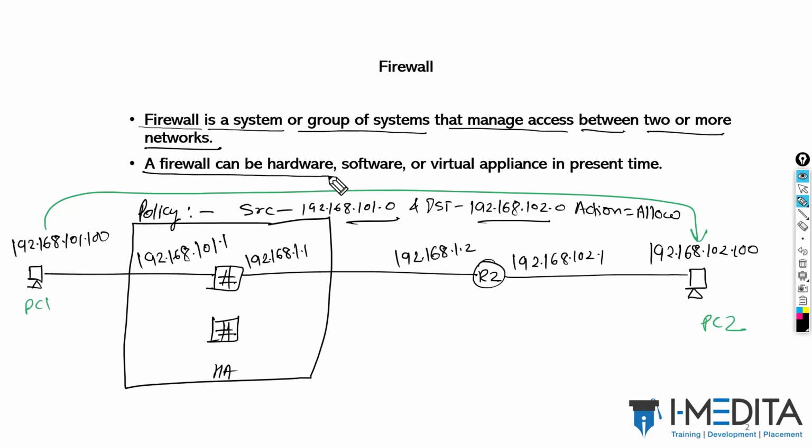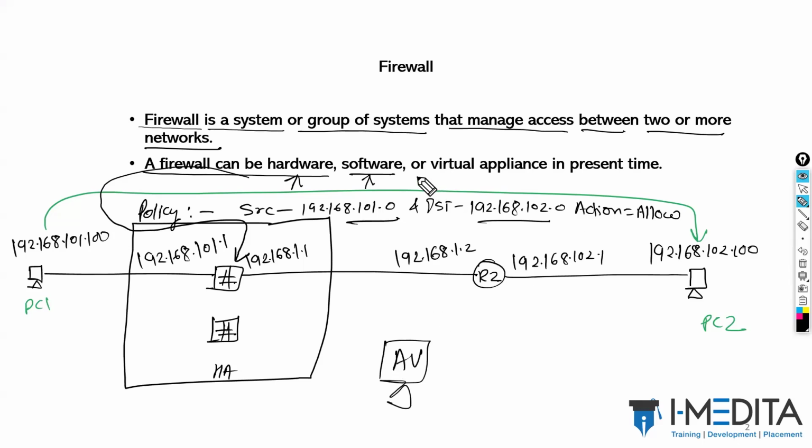Firewall can be hardware. When you replace a router with a firewall, the firewall format will be hardware. Firewall can be software. When we have a PC, we install antivirus on it, and some people also call antivirus a firewall.